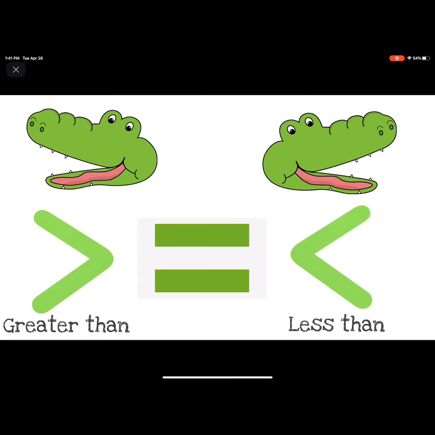If you see the open symbol to the right, that means it is less than. So if that point of the less than symbol comes first, then you're reading from left to right, so that tells you that is less than. And there's also the equal to symbol for when our values are the same.